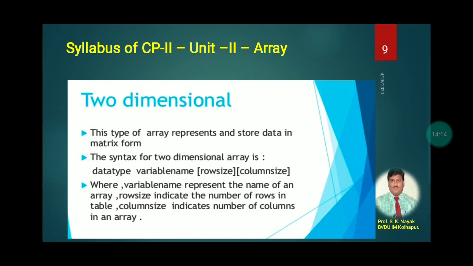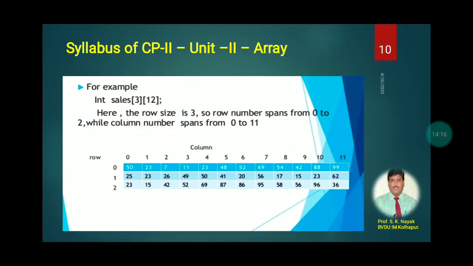For example, you can find here int cells[3][12]. In the first square brackets we have the value 3, which indicates the number of rows, the number of records.